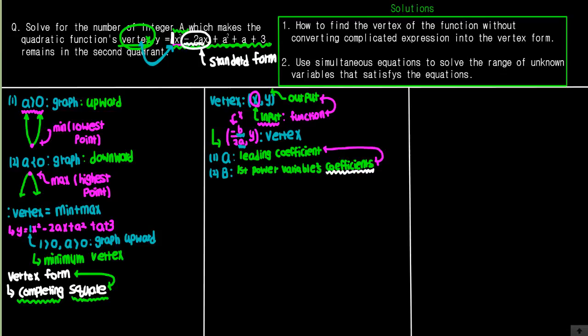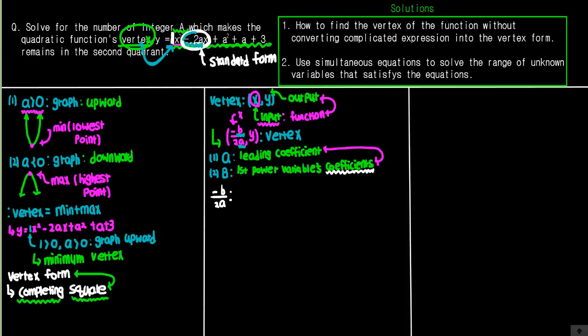If we apply our formula, negative b over 2a, to our original question, we are trying to solve for the x value of the vertex of the function. The b will be the coefficient of the first power variable, and our first power variable is negative 2ax. But we're trying to find the coefficient, which is essentially the constant attached to the variable x.